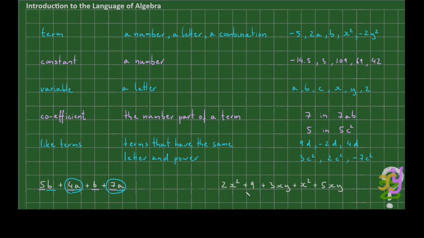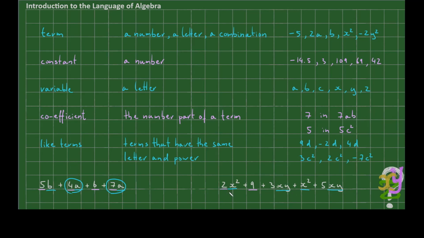On the right, we have 2x squared plus 9 plus 3xy plus x squared plus 5xy. In this case, the only constant is 9. That is the only number we have. The variables are x squared and xy. The coefficients are the numbers in front of the variables.